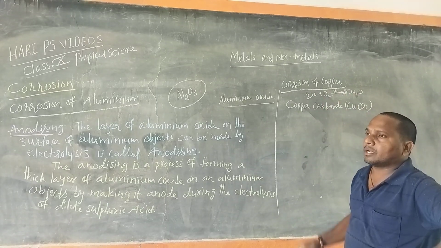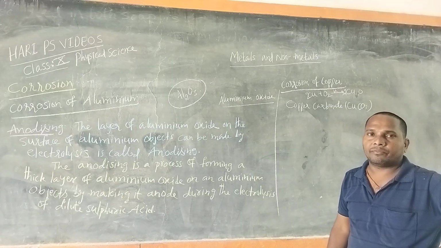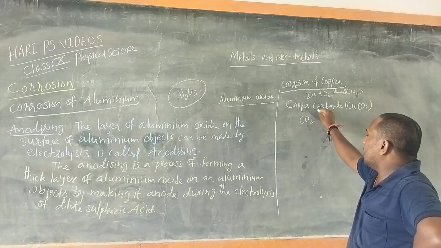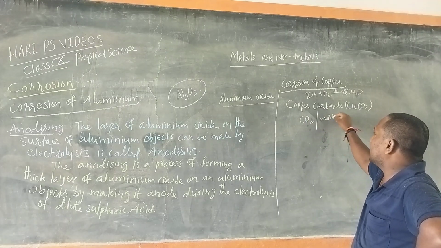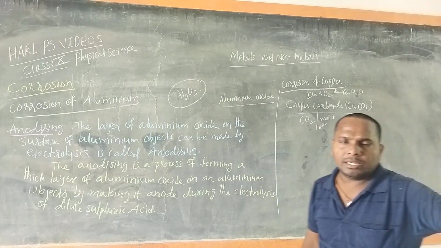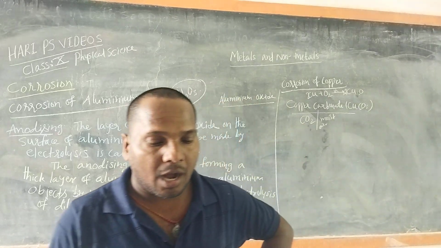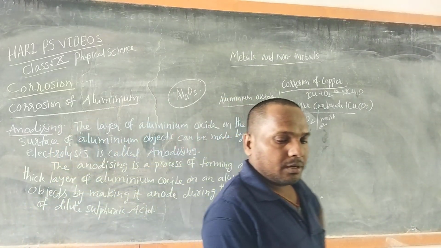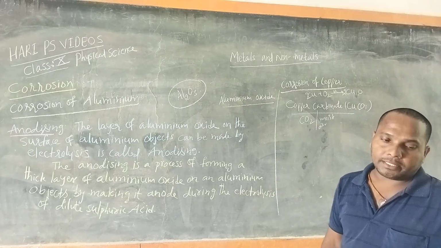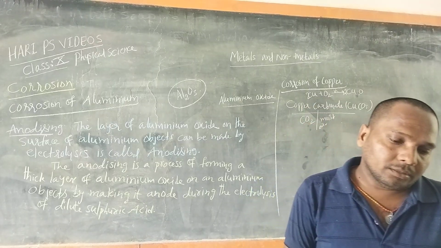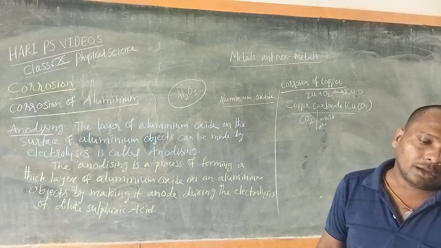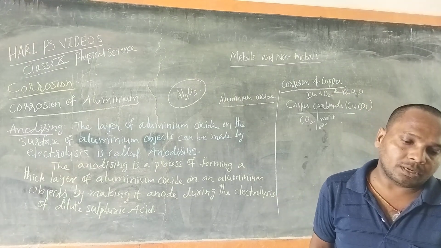When you keep copper objects for a period of time, the copper reacts with carbon dioxide and moist air and forms a green coating on the surface of the copper objects. That green coating is copper carbonate. The formation of this green coating on the surface of copper objects is corrosion.